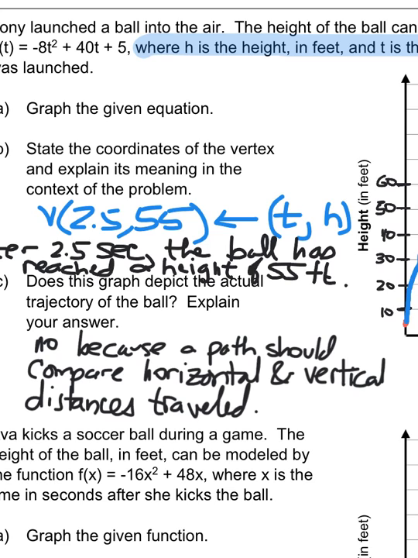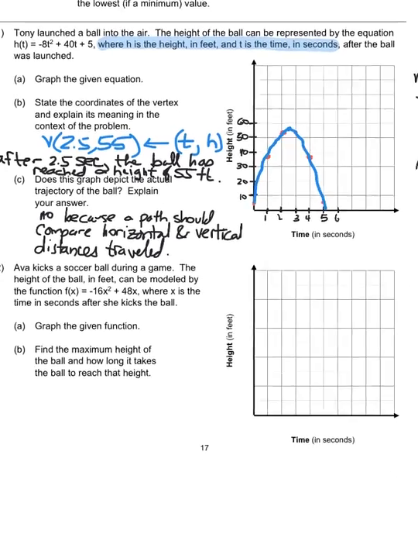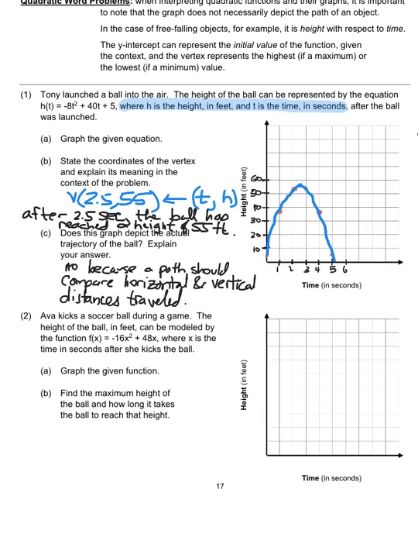In terms of a distance, if you don't know how fast it's going, that could be Chicago, or it could be Jersey. I don't know. Depends on the size of the plane, I guess. But the distances tell a better story. That's really what I'm getting at. So again, aside from my choppy handwriting, no, because a path should compare horizontal and vertical distances traveled. Oh, and the even worse one. After 2.5 seconds, the ball has reached a height of 55 feet.